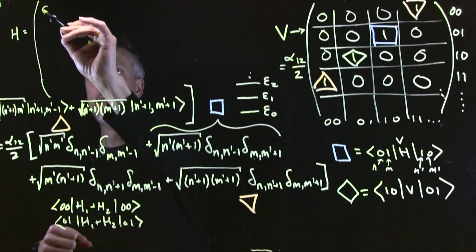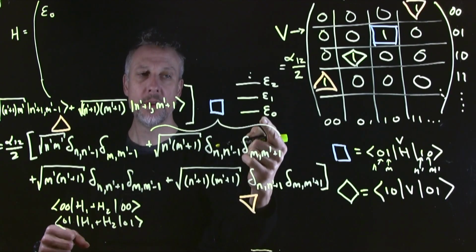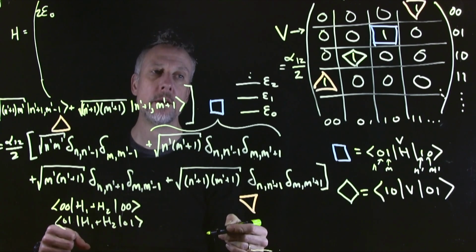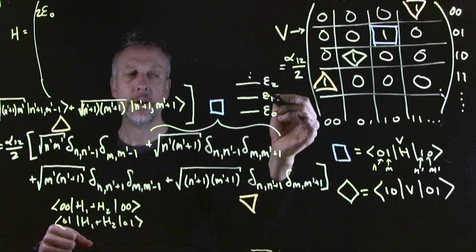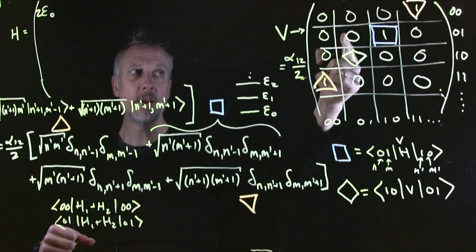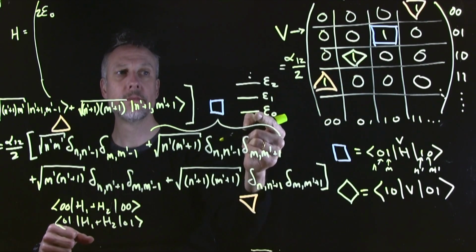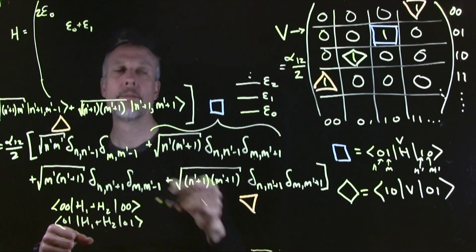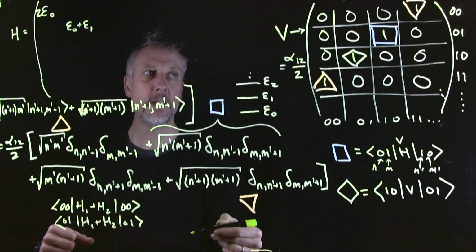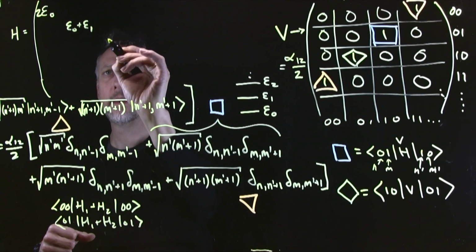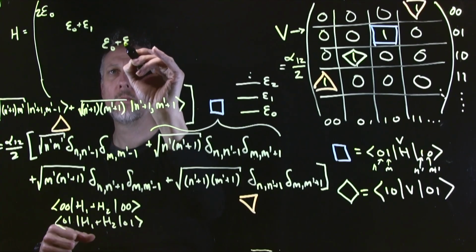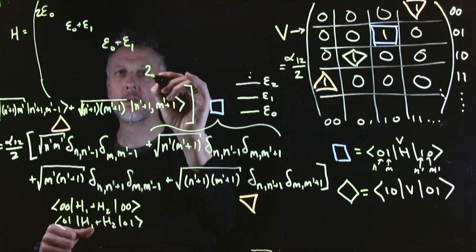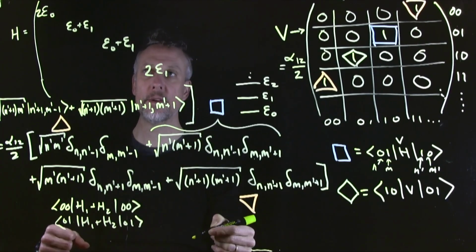So we're going to have epsilon 0, but there's 2 of them, right? So that's going to be 2 of those. Then we're going to have here epsilon 0 plus epsilon 1, which is the energy of the first state. This is the same thing, epsilon 0 plus epsilon 1. And here 1, 1 is just 2 times the energy of the one state.